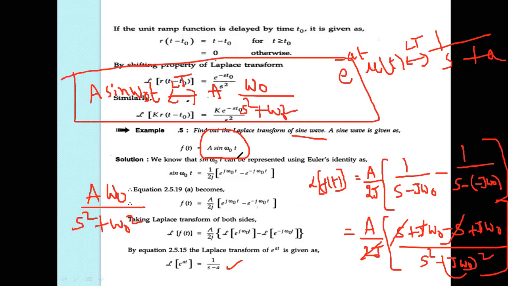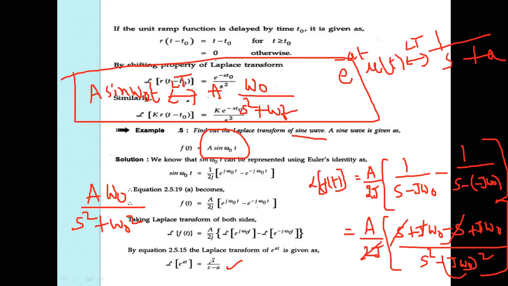In a similar fashion, consider cos omega naught t also. What is the formula for cos omega naught t? Here it is plus, and here also plus. Now simplify: with the plus, j omega naught and j omega naught get cancelled, 2s is obtained, the 2 gets cancelled, and there is no j in the denominator.